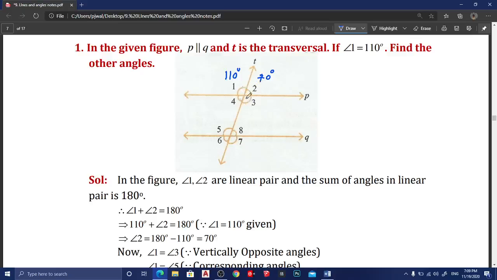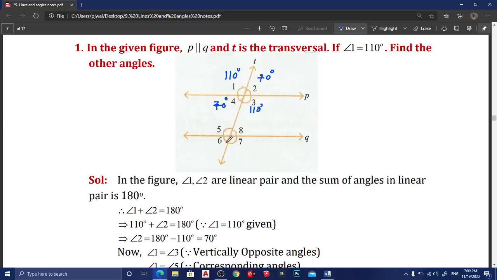So now you can directly write that in place of angle 3 you can write 110 degrees. Okay, here angle 2 is 70, these two are vertically opposite angles, so this is also 70 degrees. Okay, now you know 4 angles. You can find out the remaining angles also by using the pair of angles properties. So now you know angle 1 is corresponding angle to angle 5.